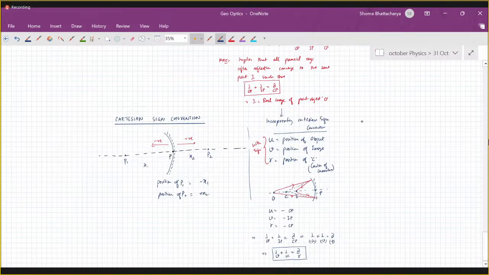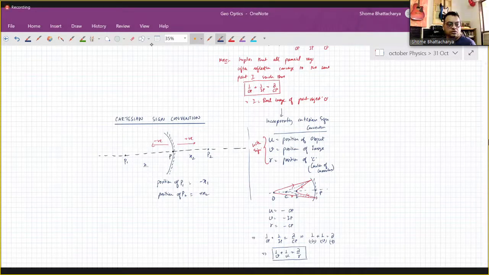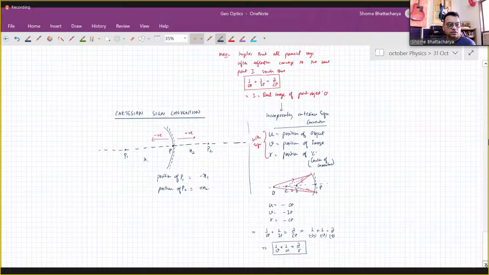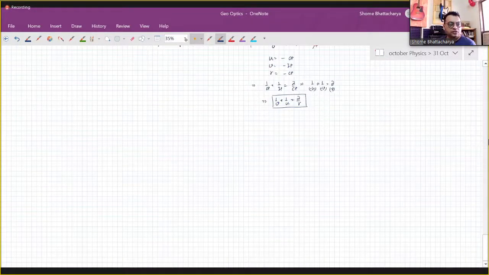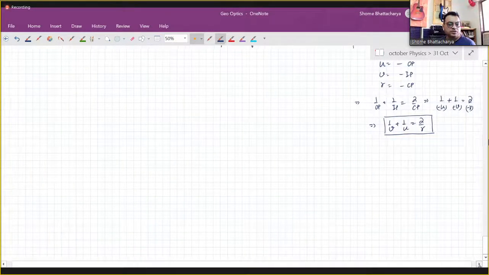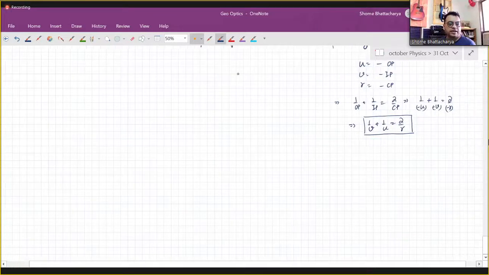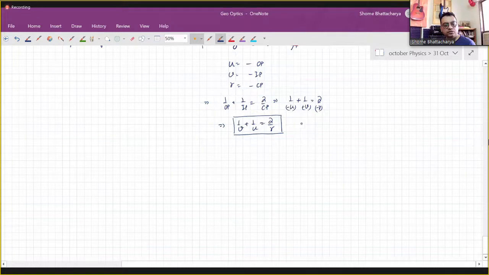Okay, so far we will just treat this as if this is the formula for the concave mirror. Okay, we'll later show that with sign convention we get the same formula for convex mirror also, but so far just assume that this is the formula that we have for concave mirror. Okay, where when we are actually doing the application of this in a numerical problem, we must substitute all the quantities with proper sign. Okay, so this is the mirror formula.